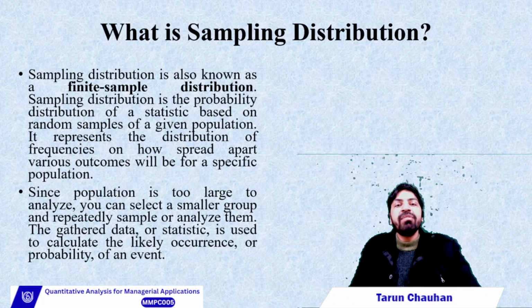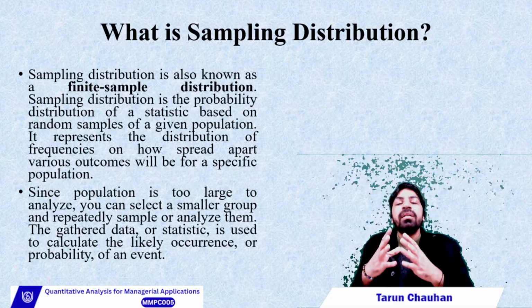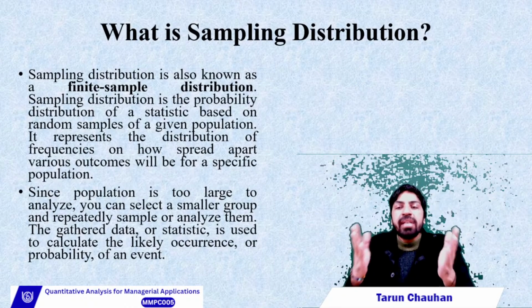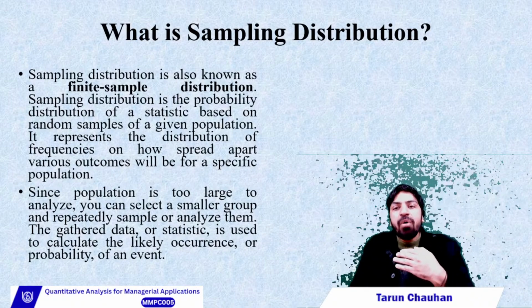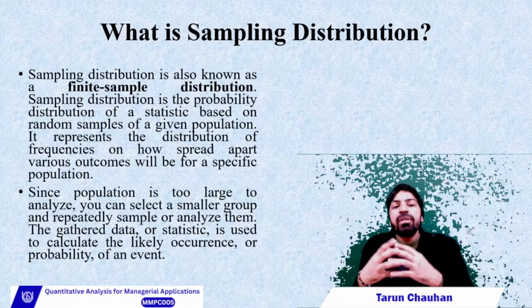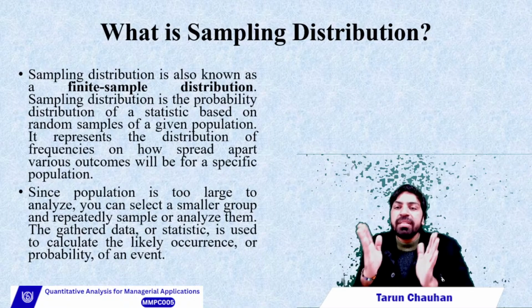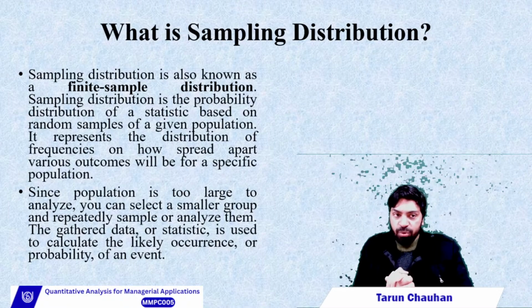When we talk about the sampling distribution, we are talking about the distribution of the frequency, that is, how the possible outcomes would come for a specific population.